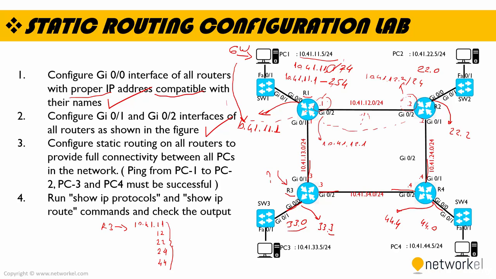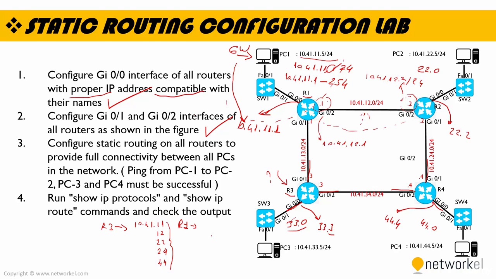Let's take a look at what we have for router 1 also. For router 1, I need to use the static IP configuration for these networks. This is going to be router 1.